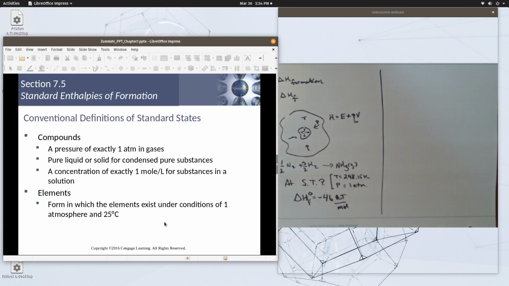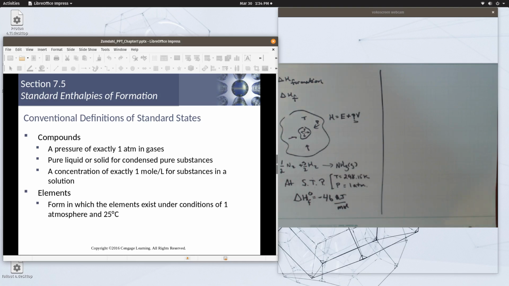Again, it's convenient to define the standard temperature and pressure as 1 atmosphere for gases, and the pure liquid or solid for condensed pure substances, again at standard temperature and pressure, because the phase of a solid depends upon the pressure.